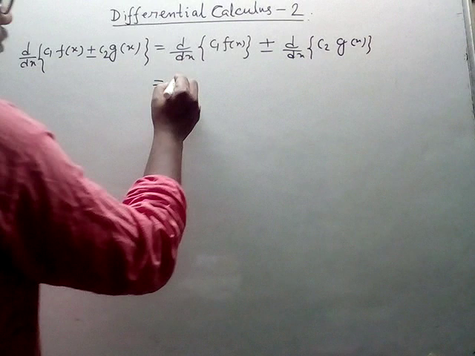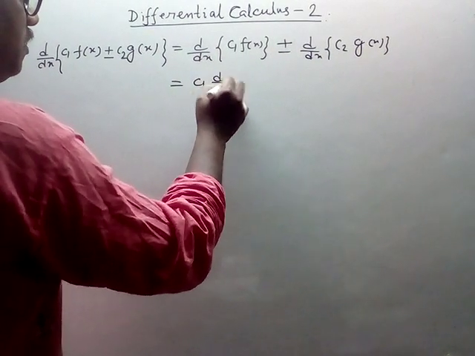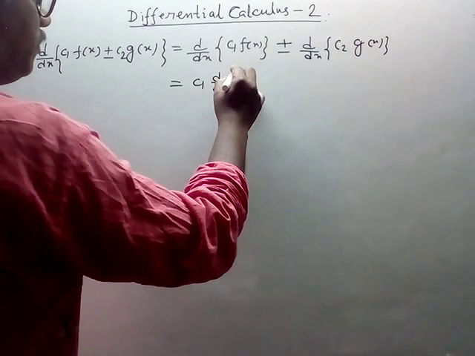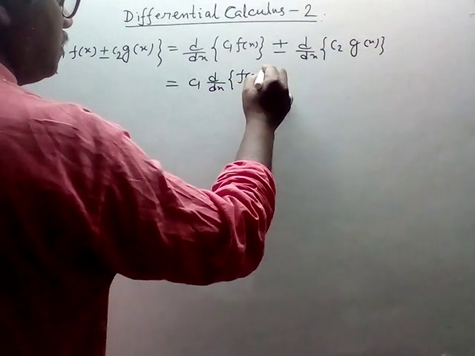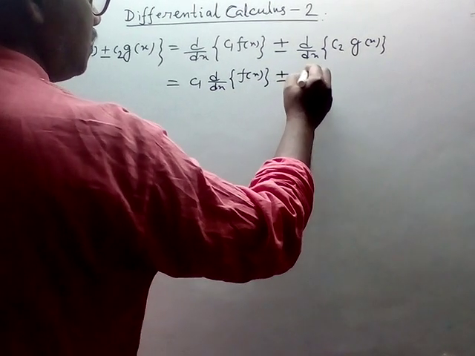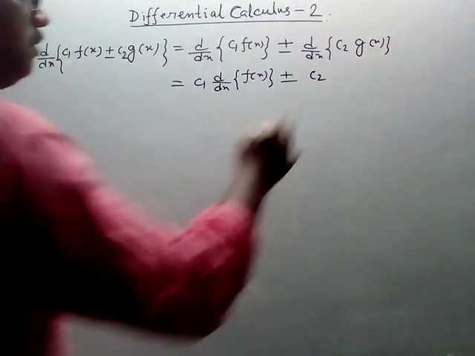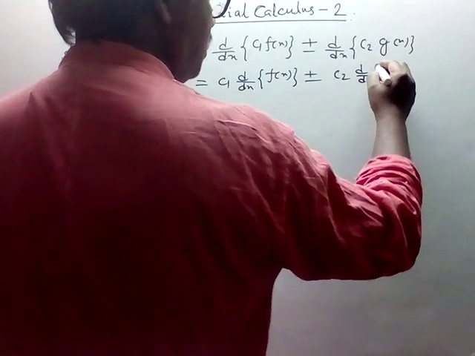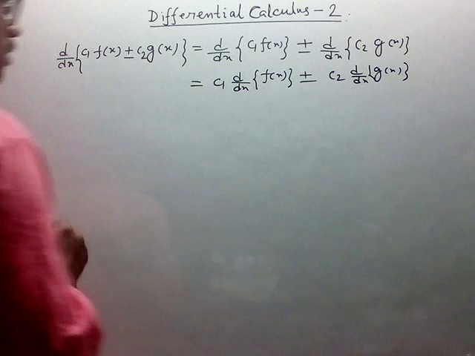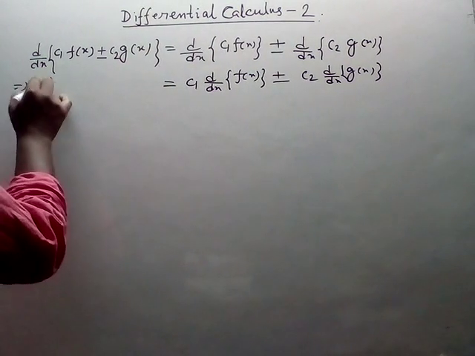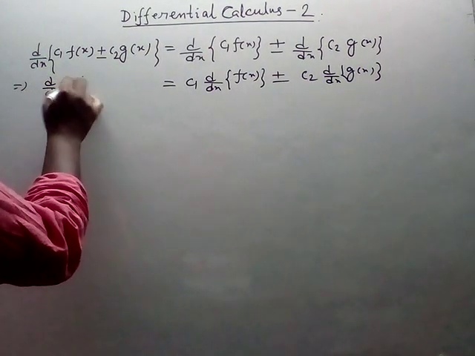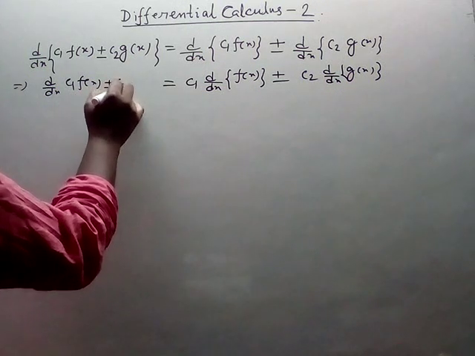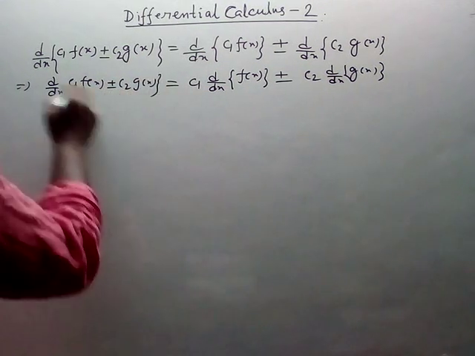This equals c1 times d/dx of f(x) plus or minus c2, a scalar, times d/dx of g(x).